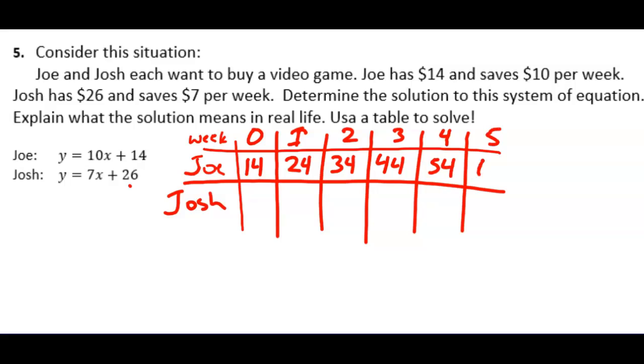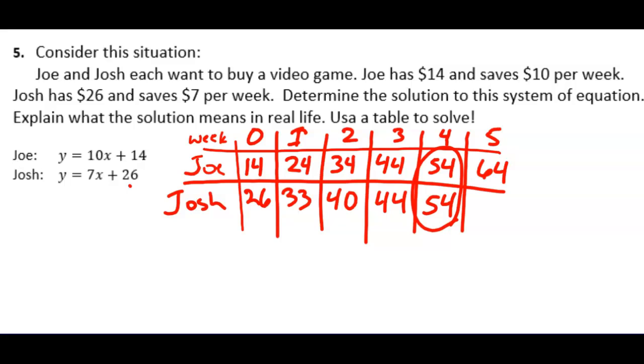Week 5, he's going to have 64, and so on. So what about Josh? Josh starts out with how much money? 26. 26 plus 7 is 33, 40, 47, 54. Ooh, we can stop, those are the same.